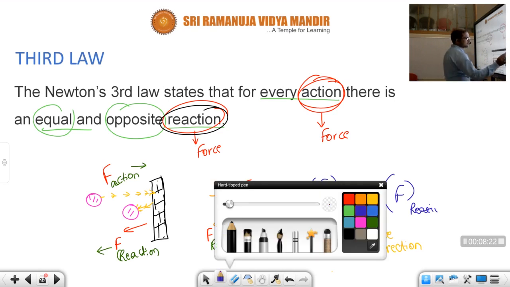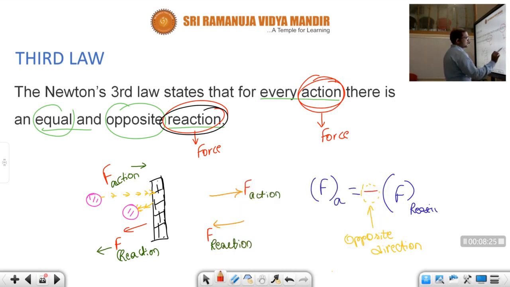Magnitude in the sense, children, you can consider like this: here this one is 20 Newton, this one also 20 Newton. But the thing is, minus will come. Minus 20. Okay, children?